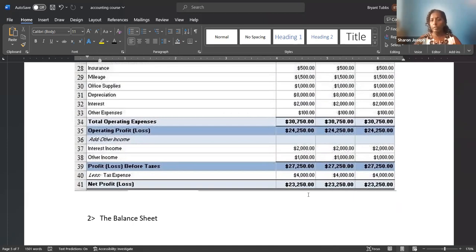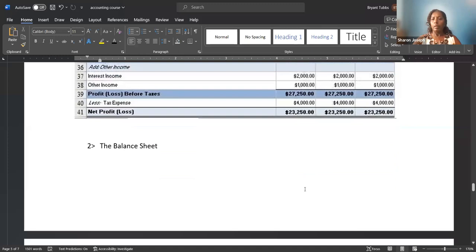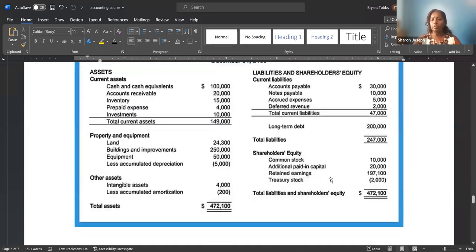Let's assume that this is at the end of the fiscal year. We have $23,000 left over. If we don't take the money out of the business, this $23,000 will be closed out and rolled into this retained earnings line. In this case, retained earnings is $197,100. This business has been running for several years.